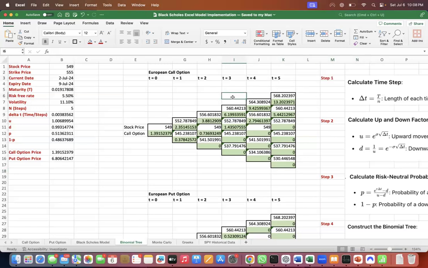Also, you can make small errors like what you saw: instead of discounting it with minus r delta t, I just discounted it with r delta t. So that's why a lot of people use Python to build all this code, because it's much easier in Python, and it's also time efficient. Okay, got it.